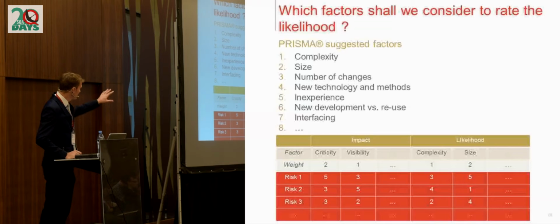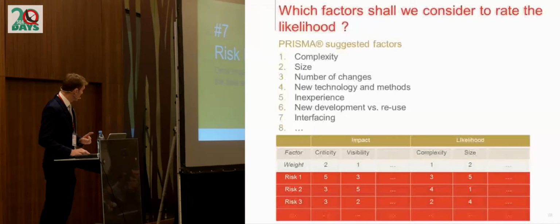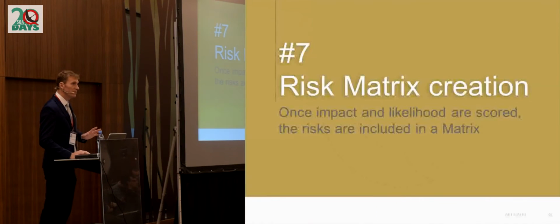And what we can see here is that these factors are mainly technical factors. I mean that they will be properly assessed by people with a technical knowledge and background. So that's for likelihood.